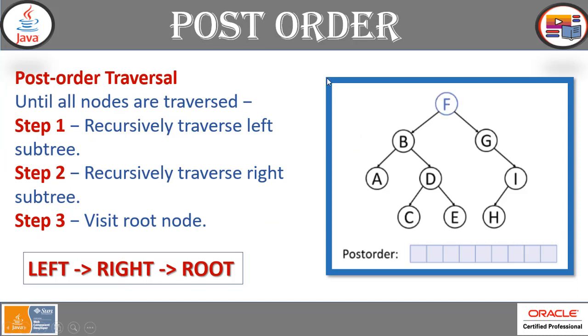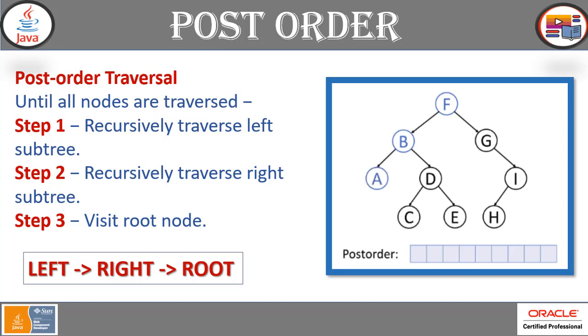Another type of tree traversal is post-order. In case of post-order traversal, it will again do the same thing. It recursively traverses all the nodes of a tree in the form left, right, root.